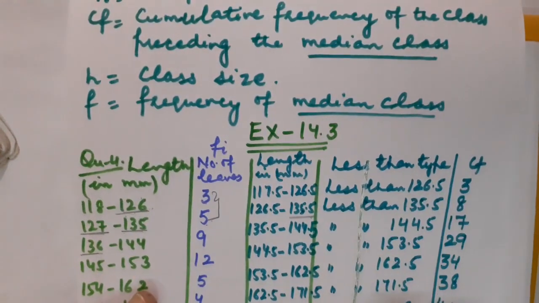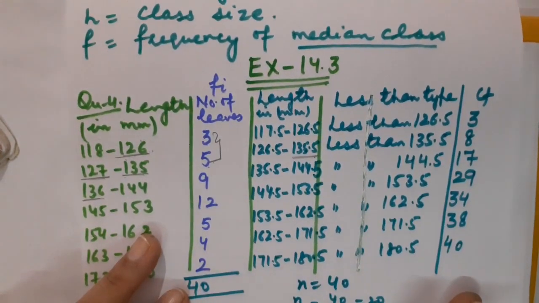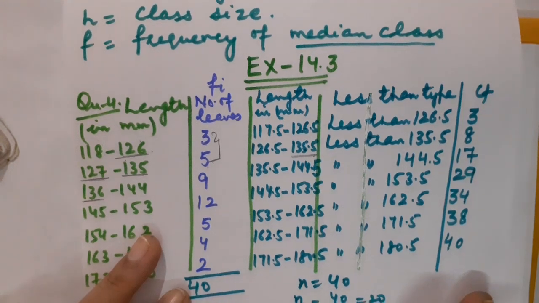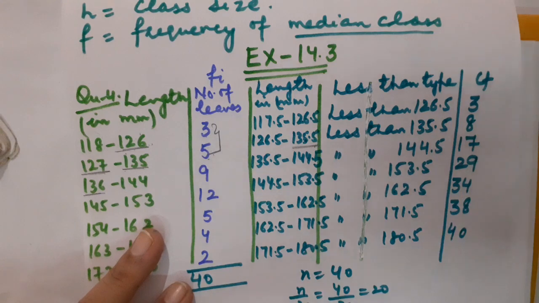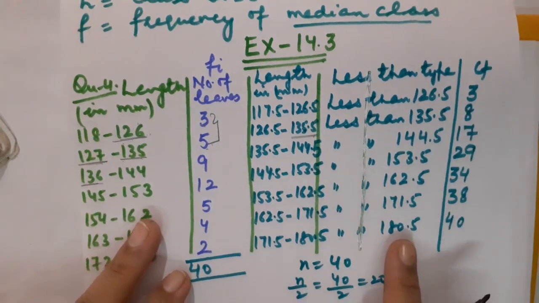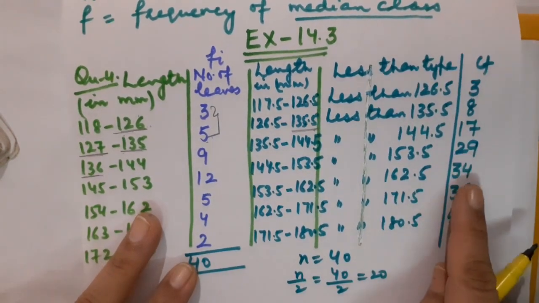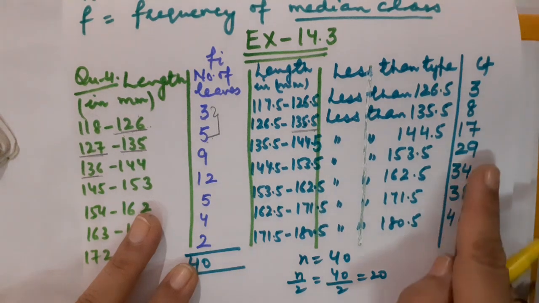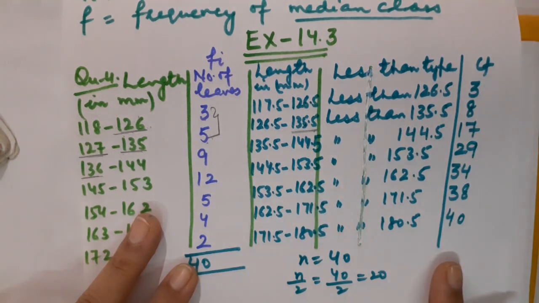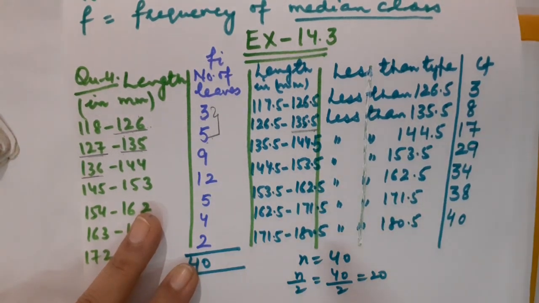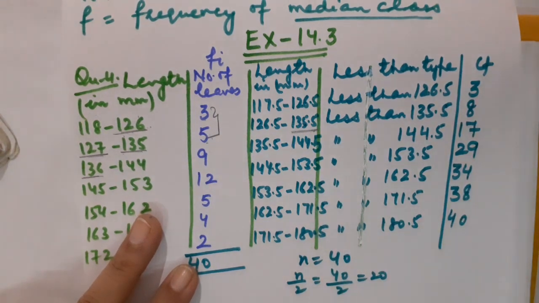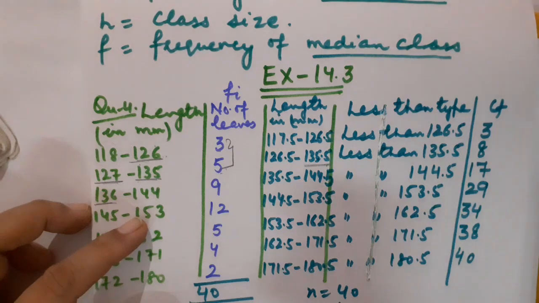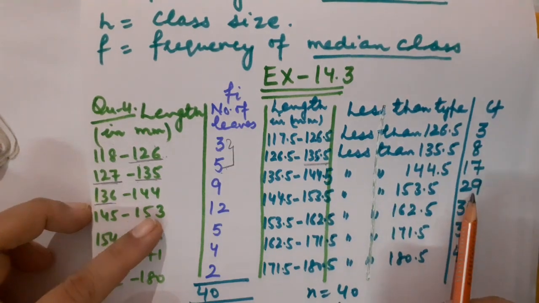Now just check in cumulative frequency which value is greater than 20, and just next to 20 you can say. Though here you can see that 29, 34, 38, 40, they all are greater than 20. But which one we are supposed to take? Just greater than 20. So can you tell me which one I should pick? Yes, I should choose this 29.